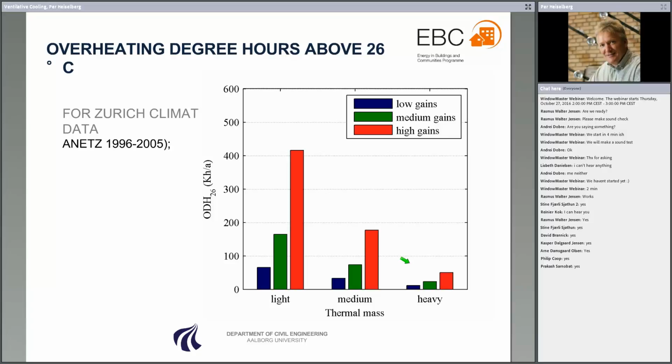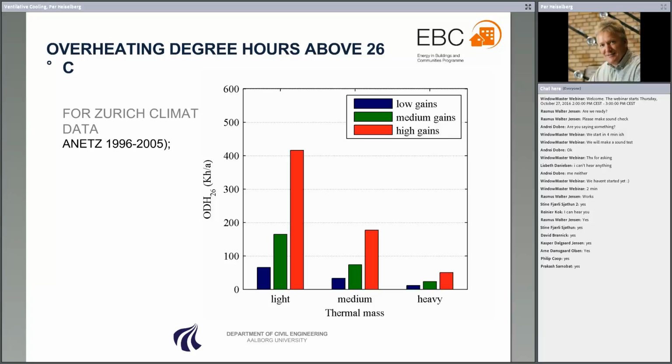So if you have medium or high heat gains, it's also necessary to have high thermal masses to be able to store the heat. And then you can remove it efficiently by the nighttime ventilation. If you do not have enough thermal mass, it's very difficult, even if you have an efficient nighttime system, to ensure that temperatures do not become too high during daytime.